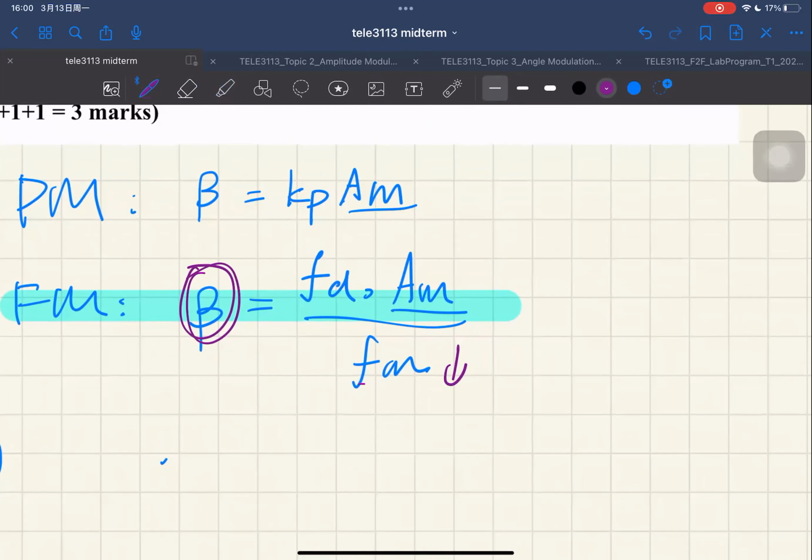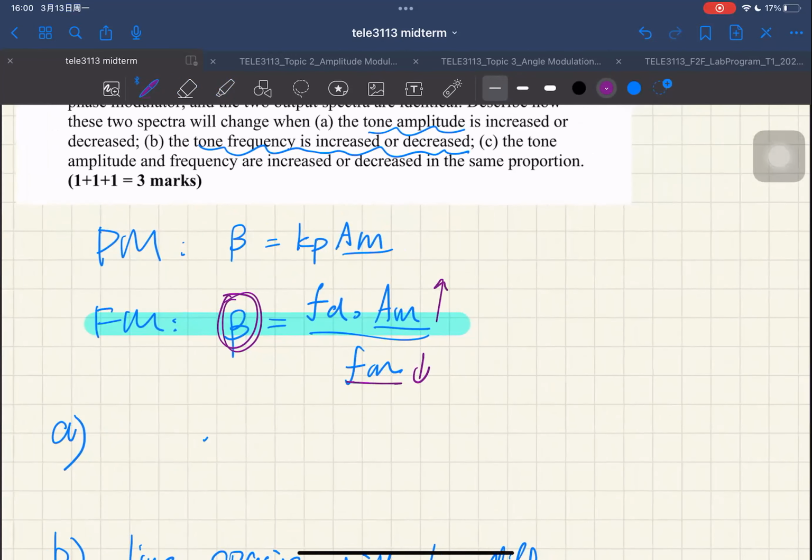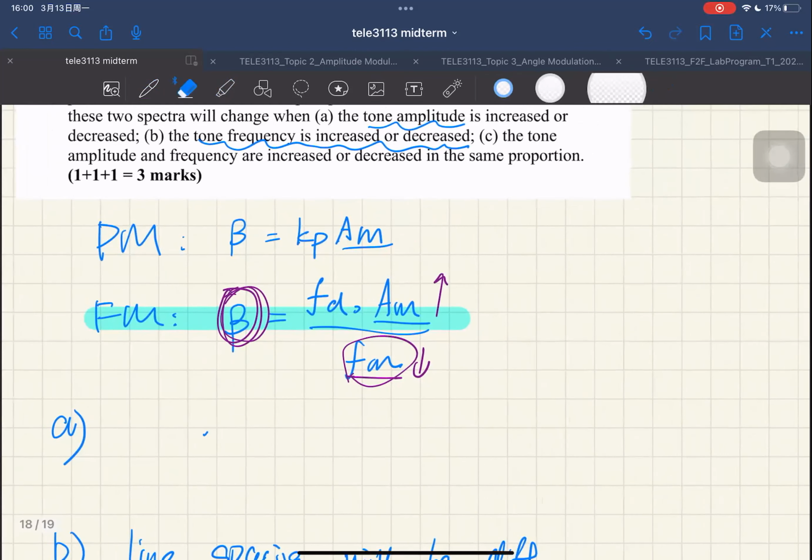But your tone frequency is decreased, then you have to make sure that AM is decreased, because this is a constant. If you decrease this one, you have to decrease your AM as well, because you have to make sure this beta is not changed.